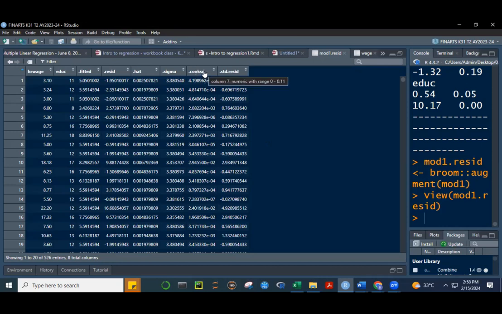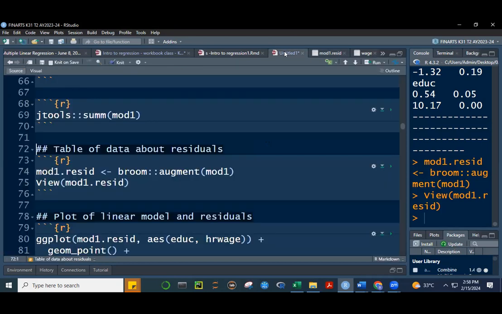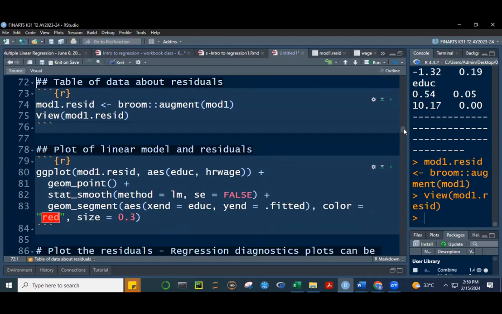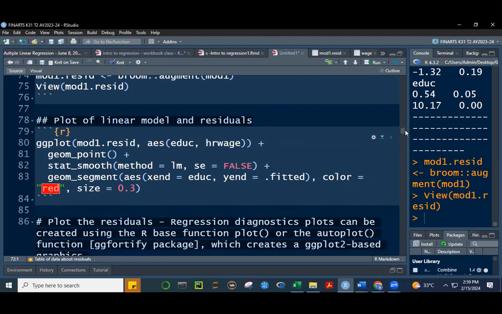I'm going to show you a plot which shows the Cook's distance. All right, so let's go back here. Okay, so we can now plot. I think I shared this with you last time. We can have a scatter plot of our education and hourly wage. We can get that from the mod1.receive, which we created. Then we define the X and the Y axis.